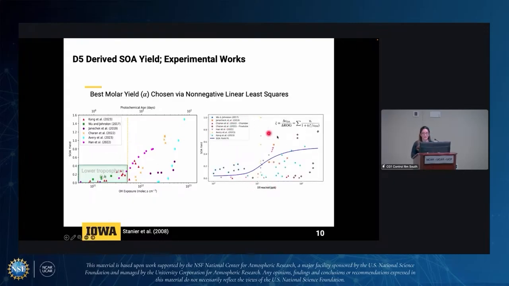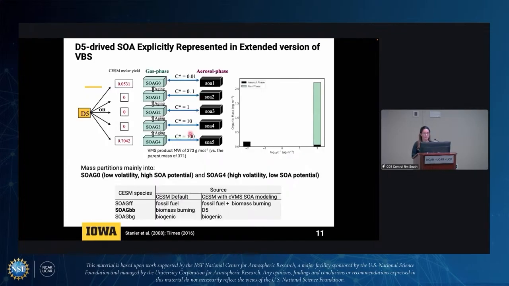This is basically the same data, but showing SOA yield versus D5 reacted. What we did was fit this line for all these data, with best molar yields chosen via non-negative linear least squares. Here is how we define the D5 aerosol formation.